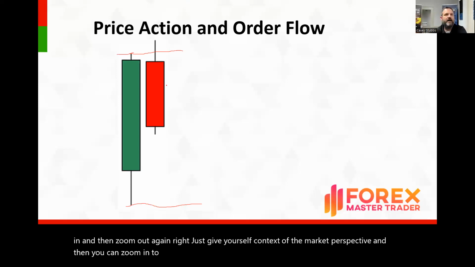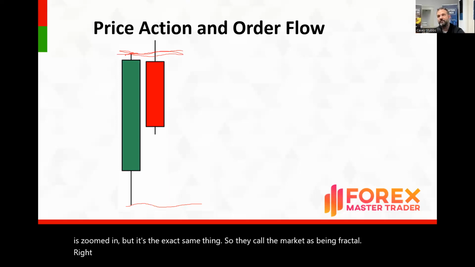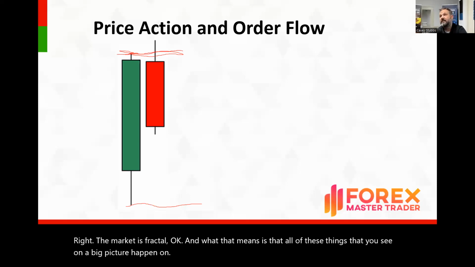Another thing about a candlestick is these levels. This is zoomed in, but it's the exact same thing. They call the market fractal. What that means is that all of these things that you see in the big picture happen on a lower time frame.